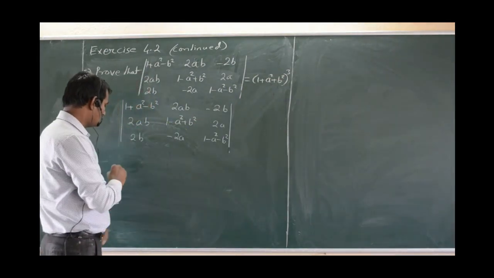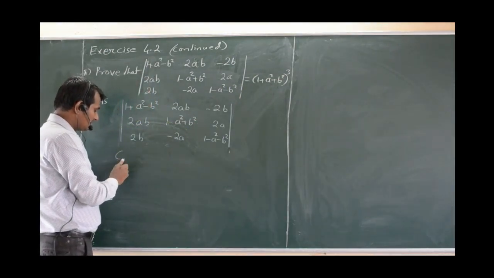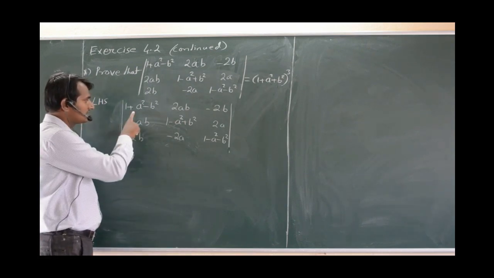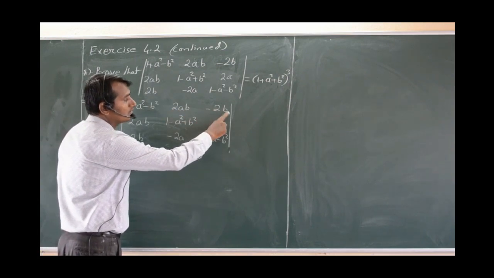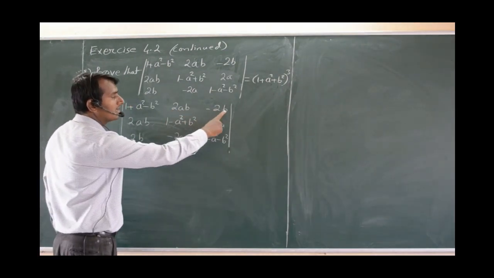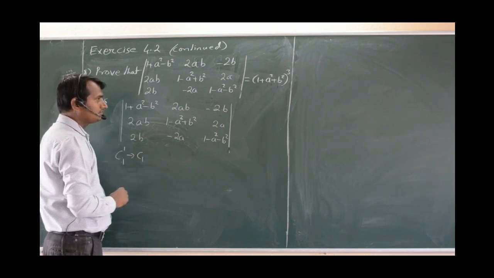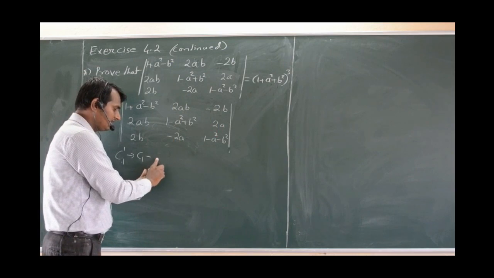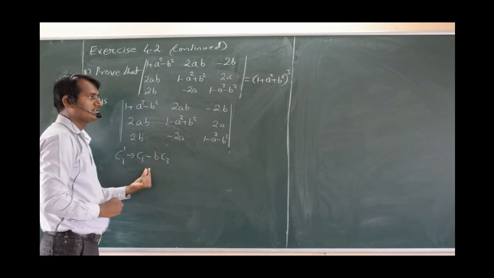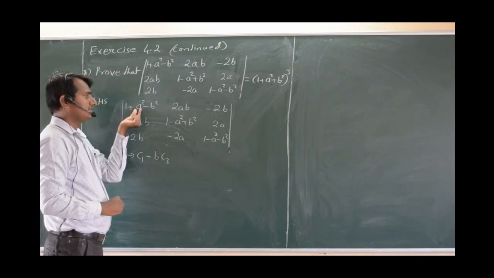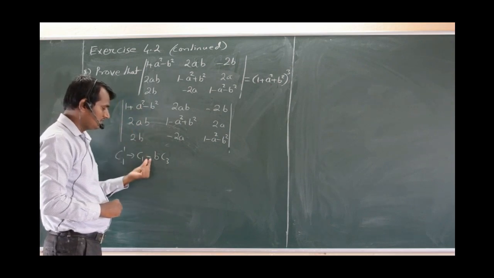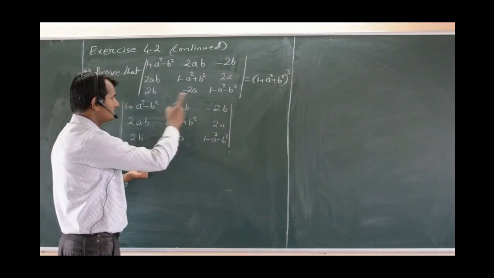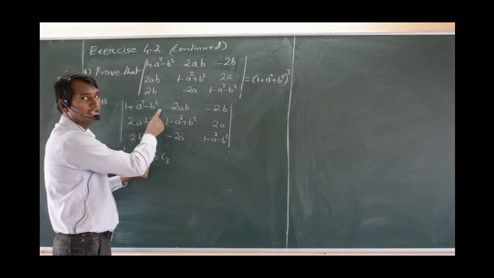That means what operation can I take here? C1 dash equals C1 minus b into C3, since we have 2b. If I multiply C3 by b and subtract, we get 1 plus a square minus b square, minus into minus plus 2b square, plus b square, so I will get 1 plus a square plus b square only.